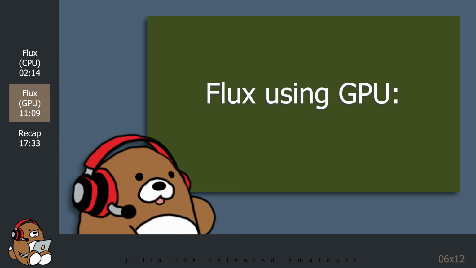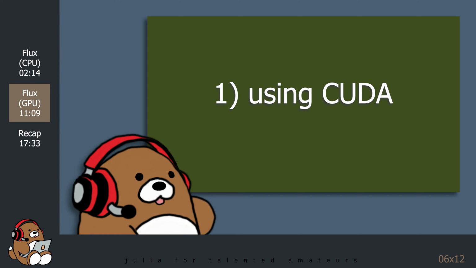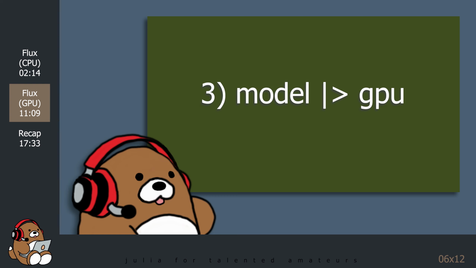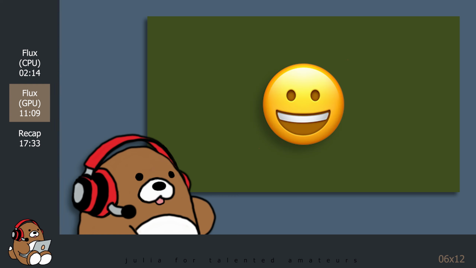In order to use your GPU with Flux, all you need to do is: 1. Load the CUDA package, 2. Load your data onto your GPU, and 3. Load your model onto your GPU. And that's it. Flux will do the rest.